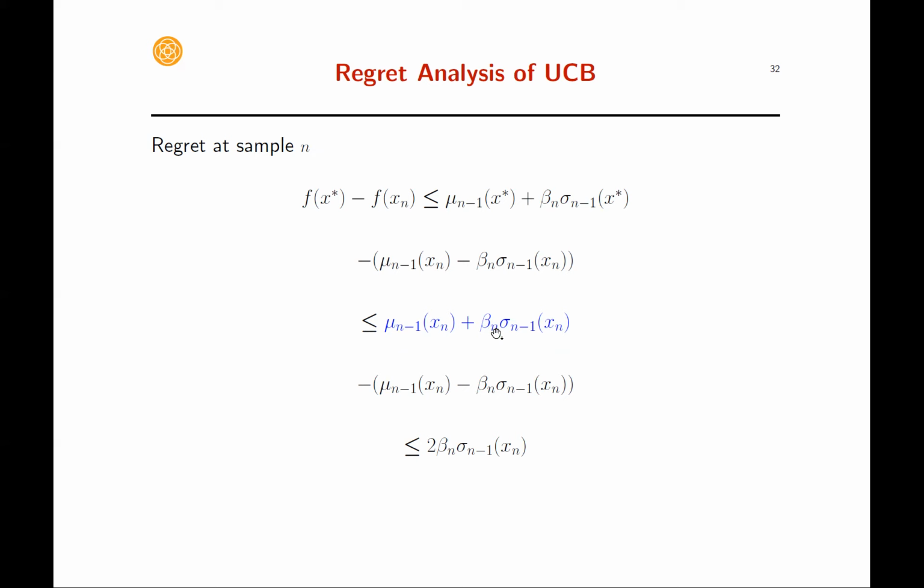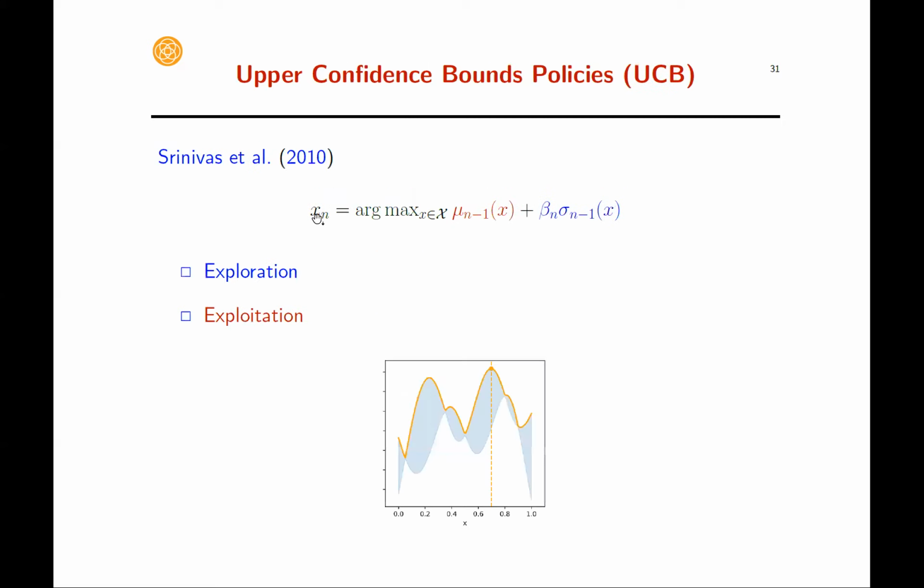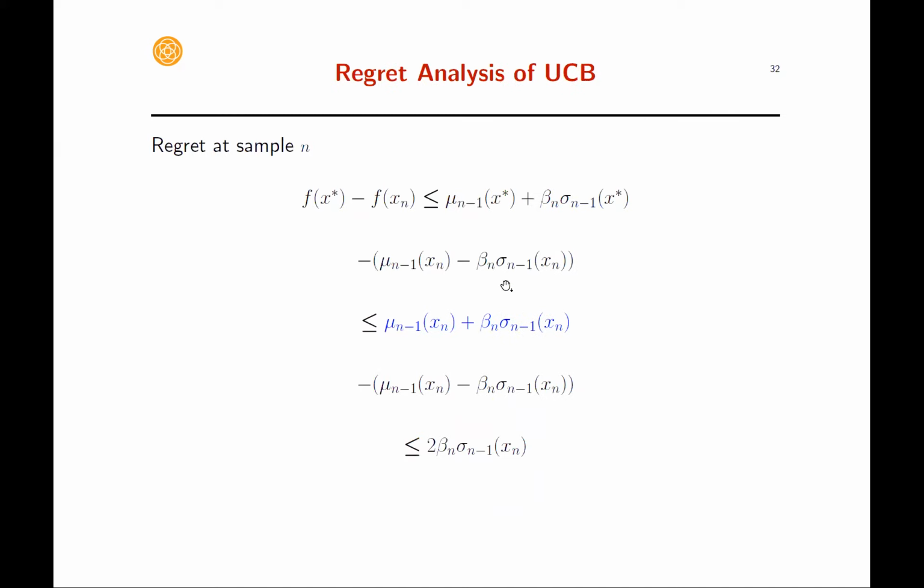So in the second step, we know that we have selected x_n. This is where the UCB algorithm becomes important and effective. We know that we have selected x_n in a way that the upper confidence bound for x_n is larger than at any other point, right? By definition, exactly by definition, of how we choose x_n.